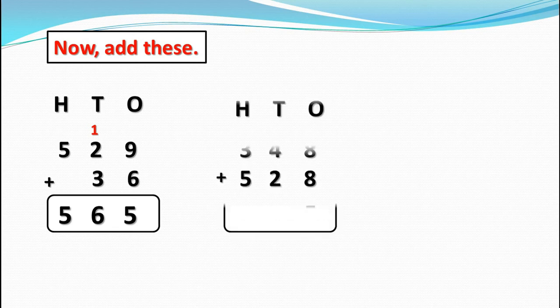Now add this. 8 plus 8 equals 16. So here we will write 6 on ones and 1 ten will convert into tens. Now add tens. 1 plus 4 equals 5 and 5 plus 2 equals 7. Now add hundreds. 3 plus 5 equals 8.